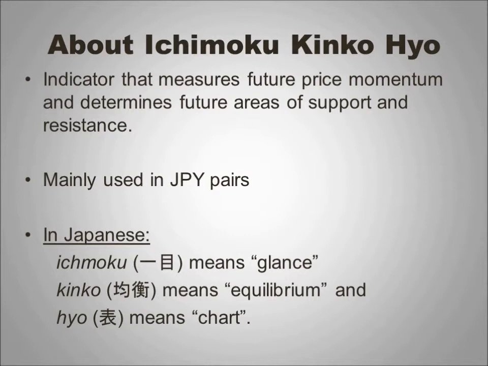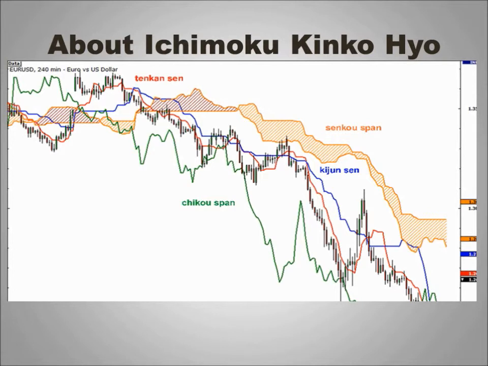And just to give you an idea as to how this works, well, in Japanese, Ichimoku means glance, Kinko means equilibrium or equal, and Hyo means chart. And as you can see, it's a very complex chart. However, some investors find it very useful because it tells us where we can find support and resistance.